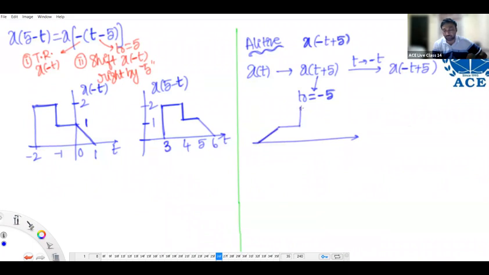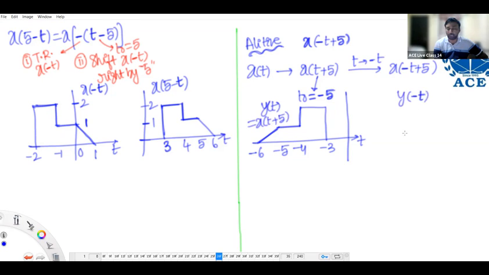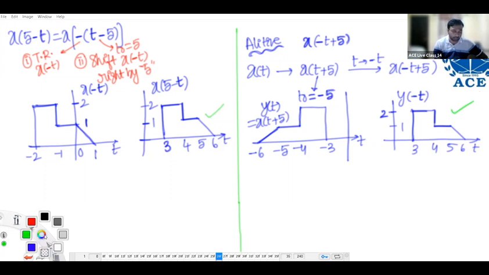So where will the shape cover? This is x of t plus 5. Immediately we want the reversal of that. If you take the reversal of that, it will appear like this. Again, are they the same or not? Again they are the same.